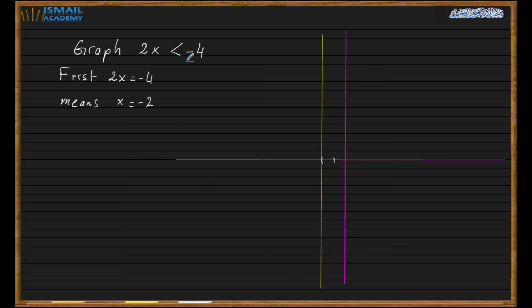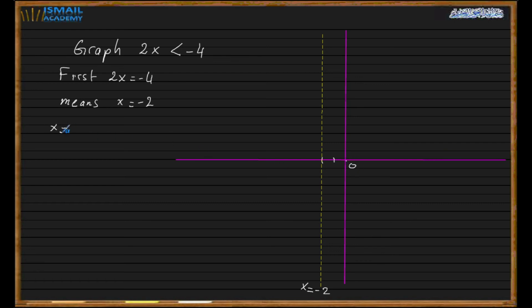And this is strictly less than, that means there's no equal. So I need to make my line a dashed line. So I will switch it to dashed line like this. There we go. So let me name my equation. So this is x equal minus 2. Now I want to check which part I need to shade, the left or the right. I'm going to pick the point 0.